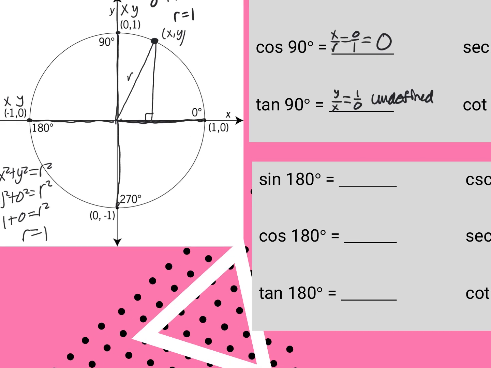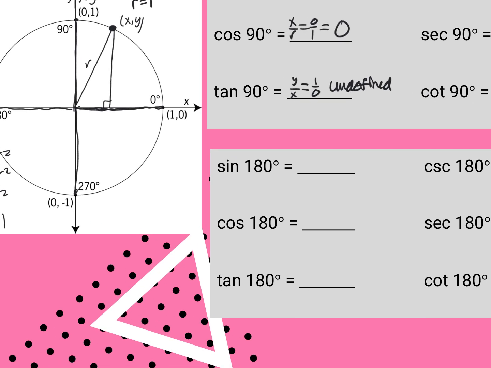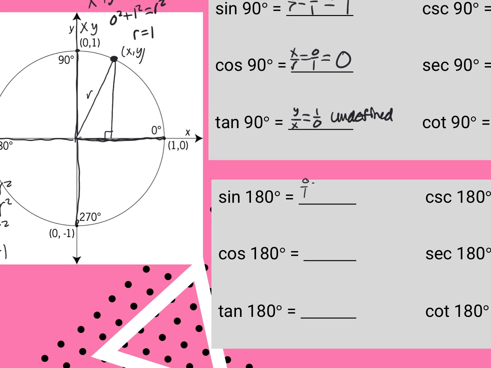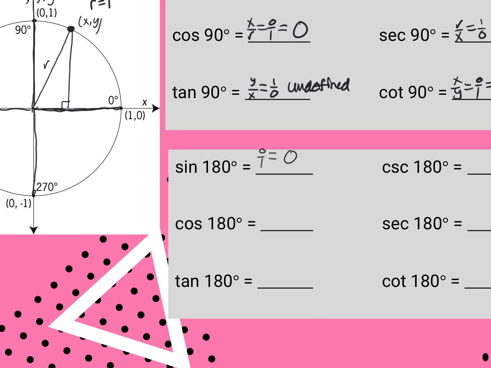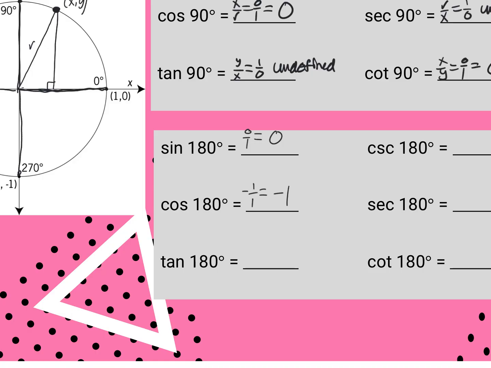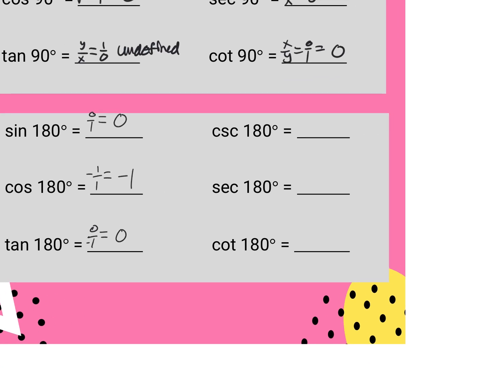All right? So then for sine of 180, again, that's y over r, which is 0 over 1, which is 0. Cosine of 180 is going to be -1 over 1, which is -1. Tangent of 180 is going to be y over x, which is 0 over -1, which is 0. And the rest of these, you're just going to flip them, right?